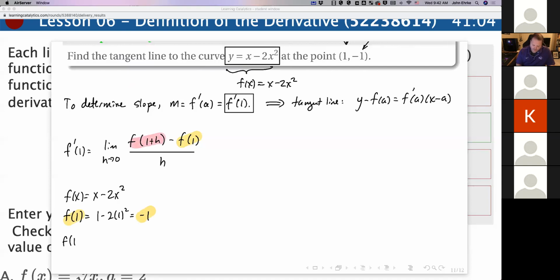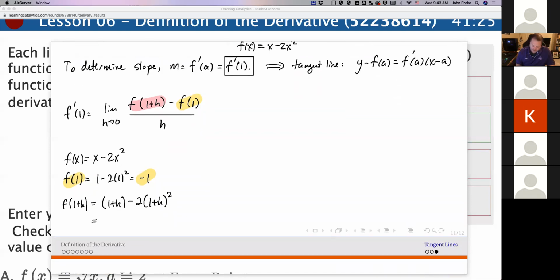And that's f of 1 plus h, which is 1 plus h minus 2 times 1 plus h squared. Once again, it's taking f of x and replacing x with 1 plus h. So replace this x with 1 plus h and also this x with 1 plus h. And if I simplify that a little bit, it's 1 plus h minus 2 times 1 plus h squared. Which I'll go ahead and FOIL. That's 1 plus 2h plus h squared.